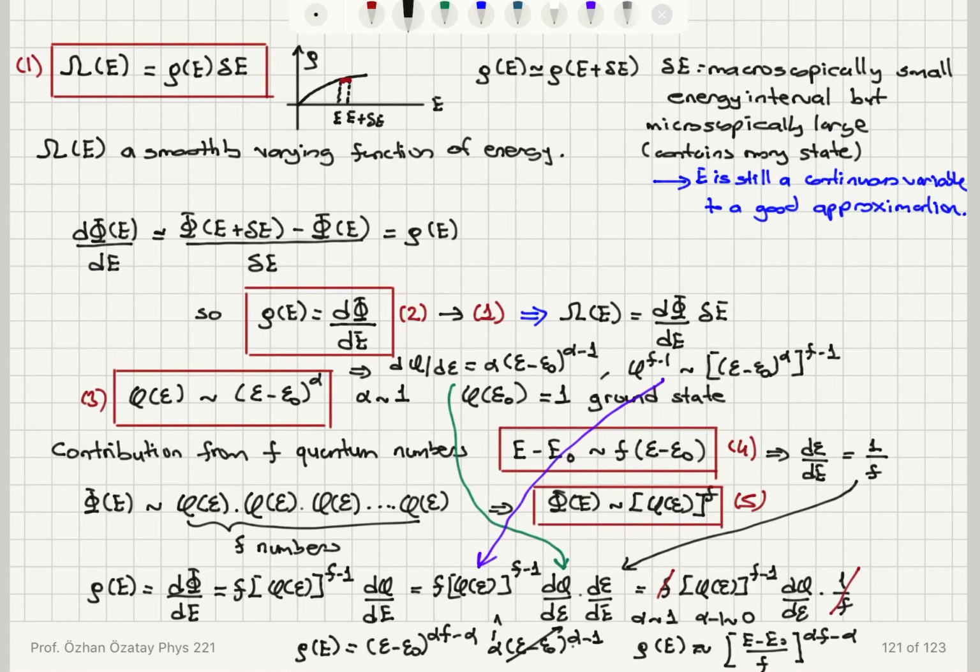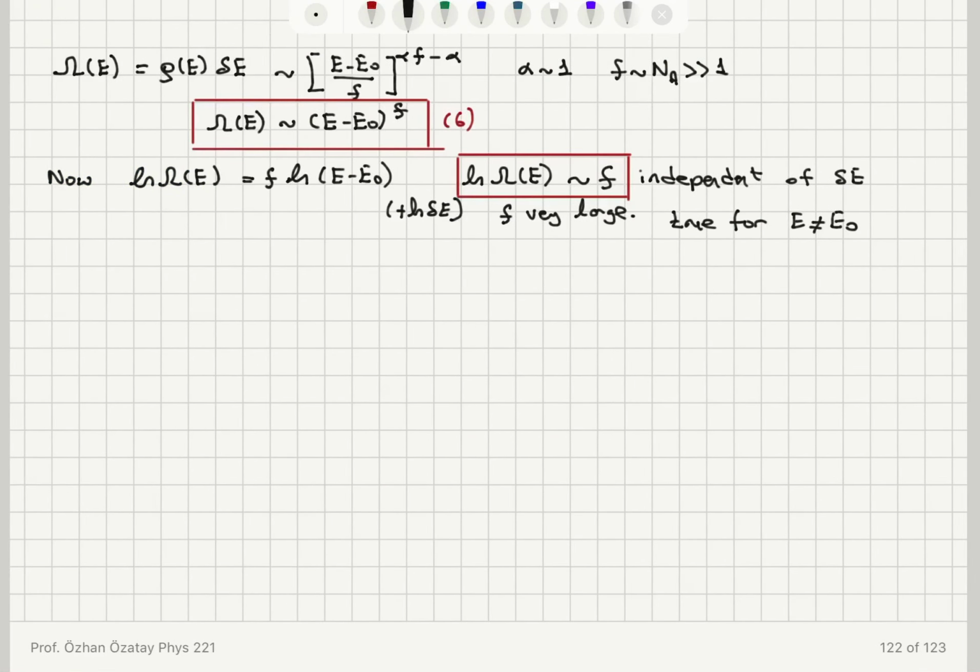So it is lowercase phi to the power F, the fifth relationship. And if I substitute this for d phi dE, the density of states, I find that the density of states scales as E minus E0 divided by F to the power alpha F minus alpha, and so the number of accessible states is E minus E0 divided by F to the power alpha F minus alpha.